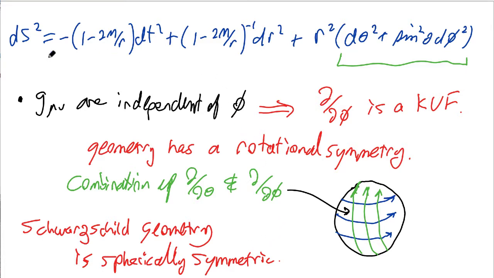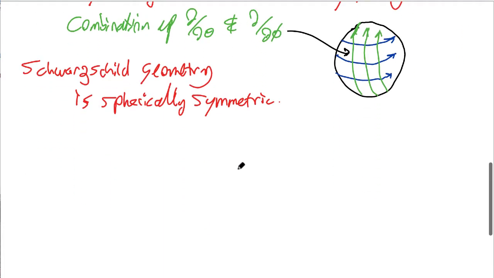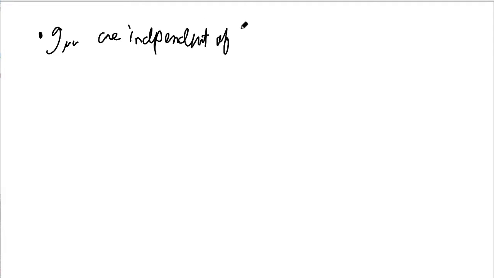Now the next thing to notice about this metric is that the metric components are independent of the coordinate t. And that tells us that d by dt is a Killing vector field.